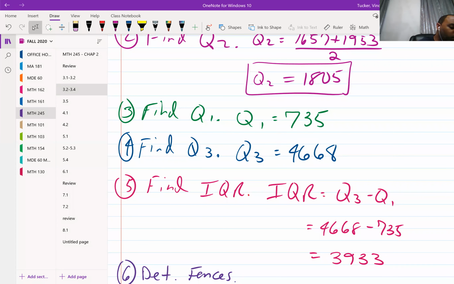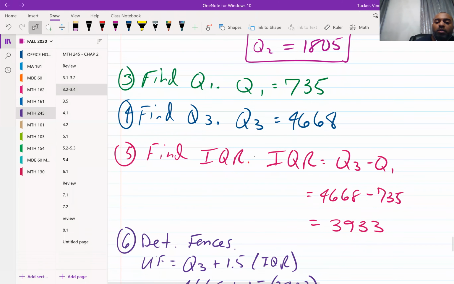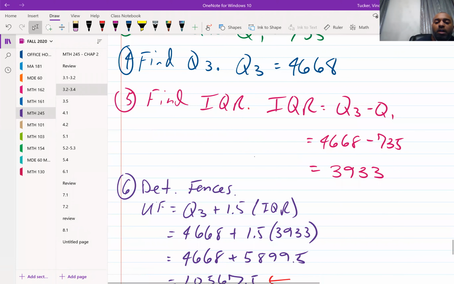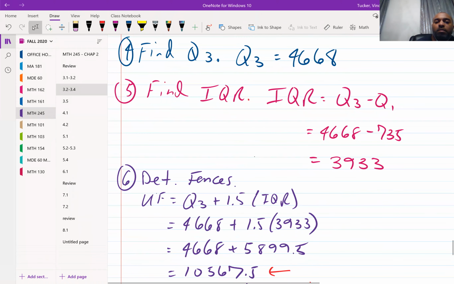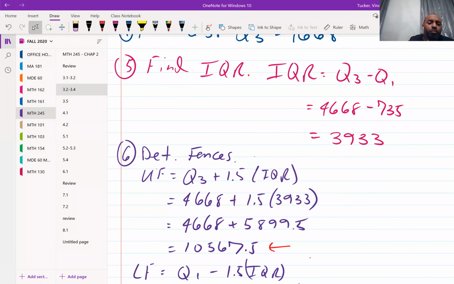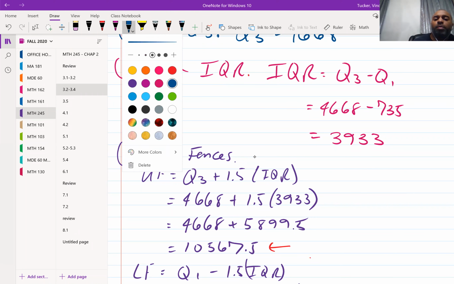All right. So now we can determine our fences. Remember, we have an upper fence and lower fence. Let me know if I'm going too high. Well, upper fence is going to be Q3 plus 1.5 times the IQR.